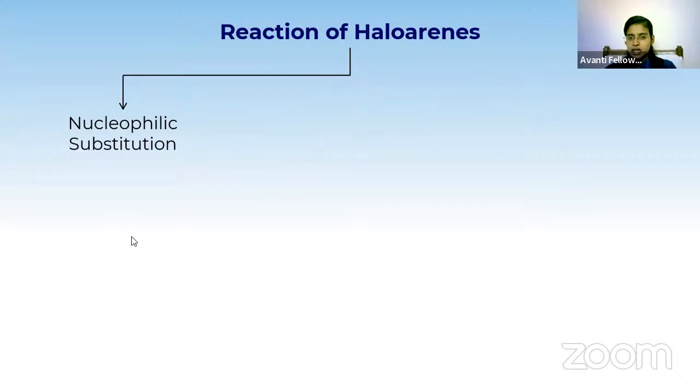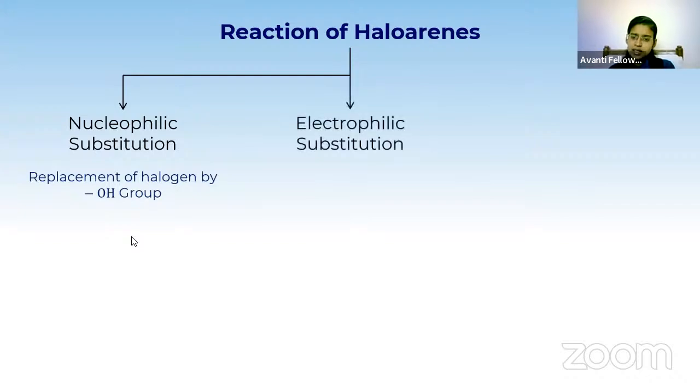Talking about nucleophilic substitution, here we will study the replacement of halogen by OH group. So the halogen nucleophile will be replaced by OH nucleophile. Those reactions we will see. And in the electrophilic substitution, we will study 5 reactions.